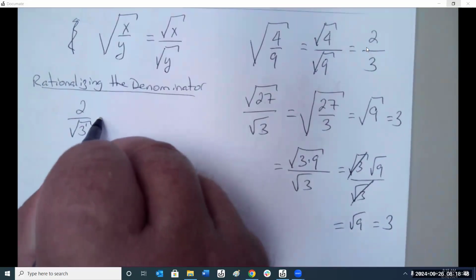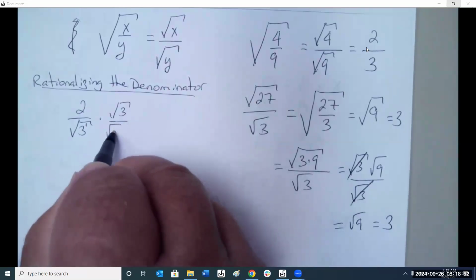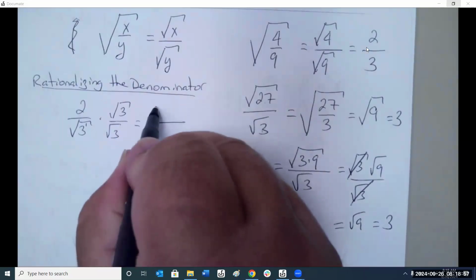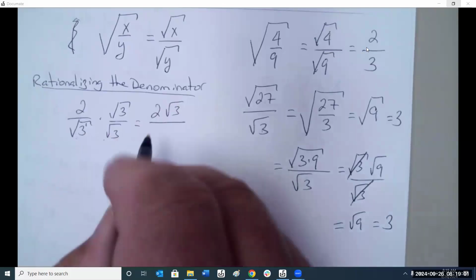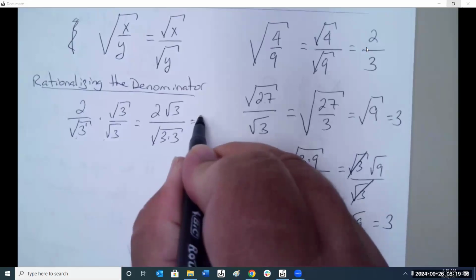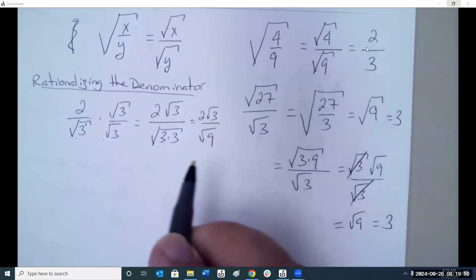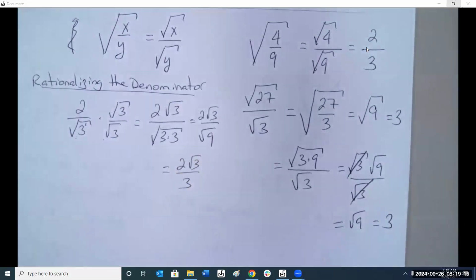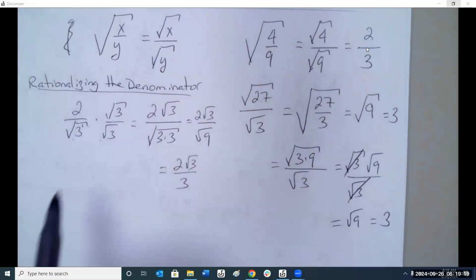If we multiply the top and bottom by square root of 3, so we have 2 square root of 3, and on the bottom, square root of 3 times square root of 3, we have 3 times 3. So we have square root of 9, which makes it 3 on the bottom.